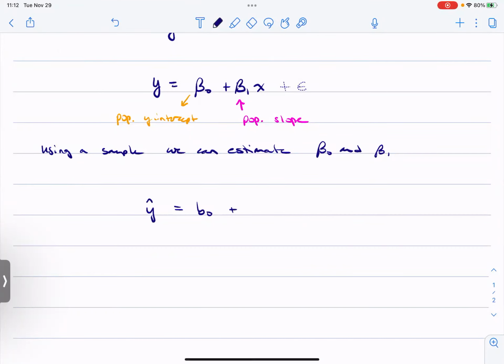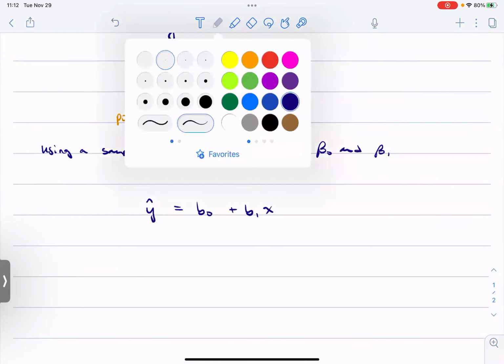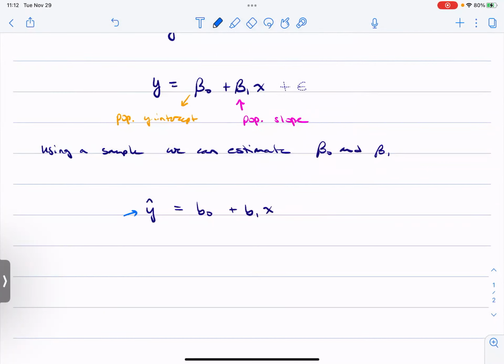And to estimate beta 1, we use a B1 times X. Remembering that the y hat is the predicted value of y, B naught is the sample y-intercept, and B1 is the sample slope. Those are the values that we're going to learn about.